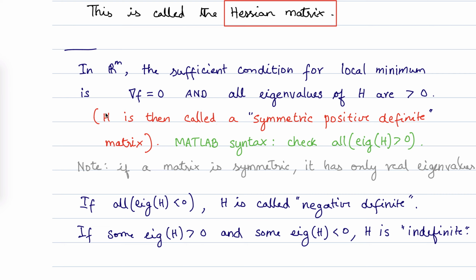Matrices H that satisfy this condition are called symmetric positive definite matrices.